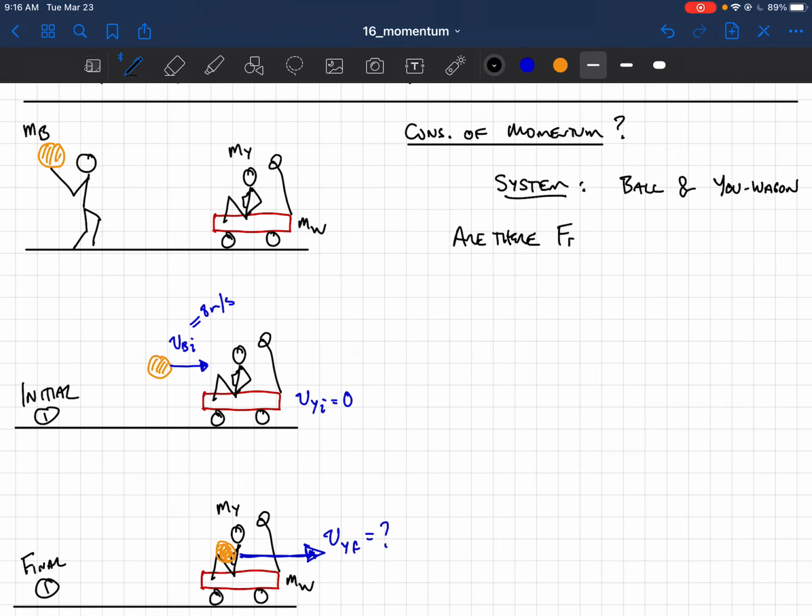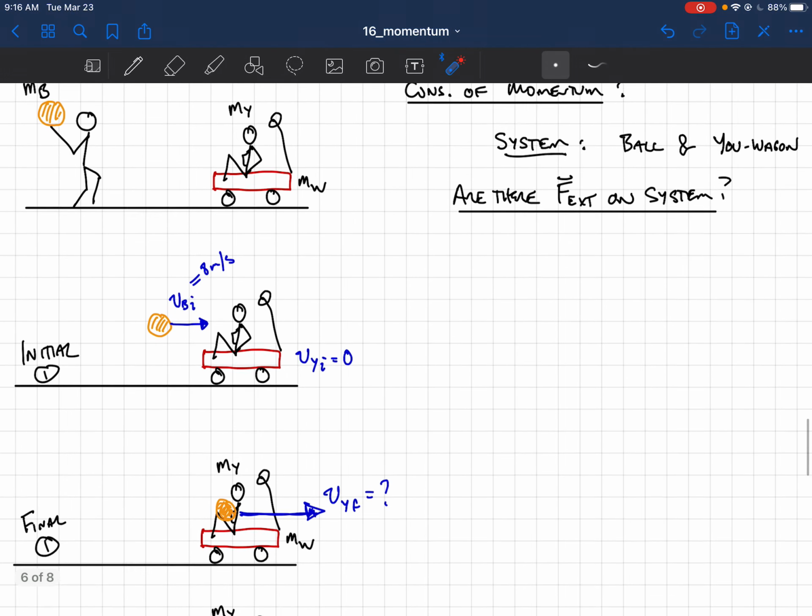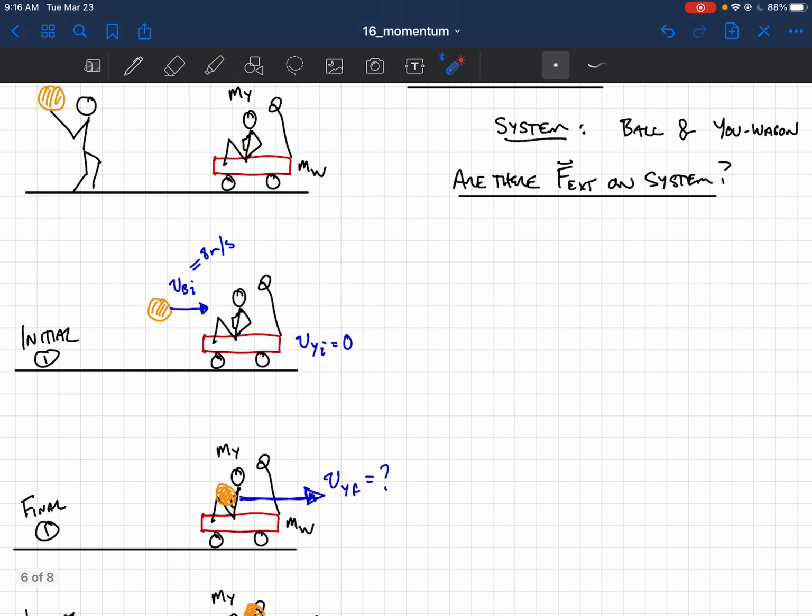Are there external forces on the system? We need to ask that question before we can even write down conservation of momentum, because conservation of momentum is not true unless that's true. Well, I guess there are no external forces.